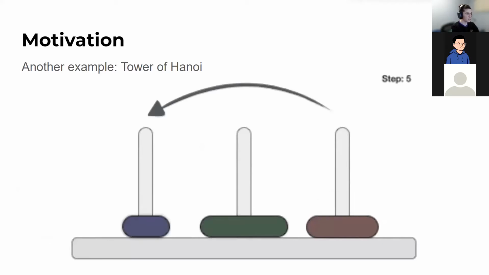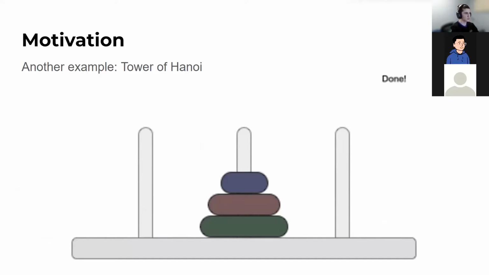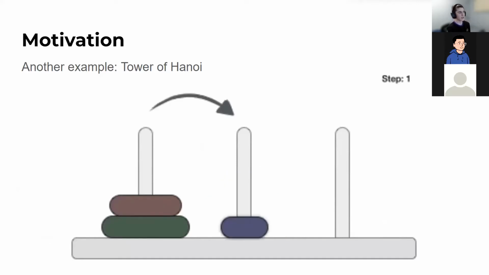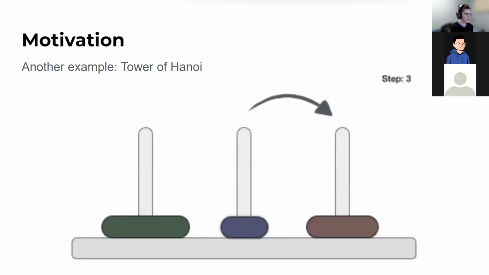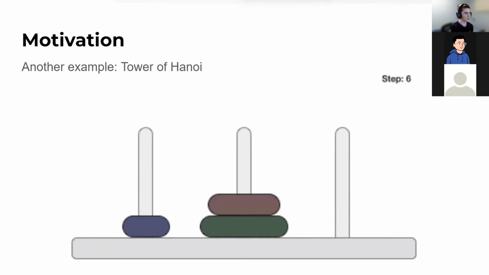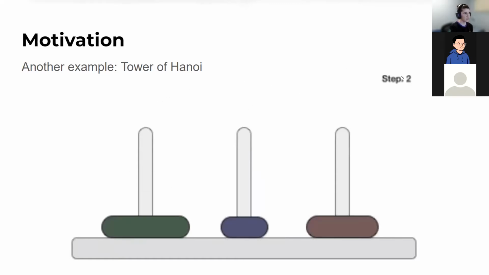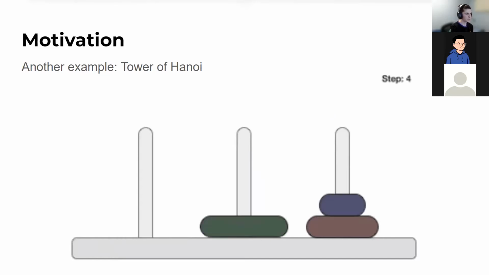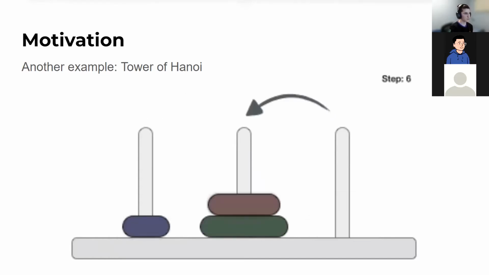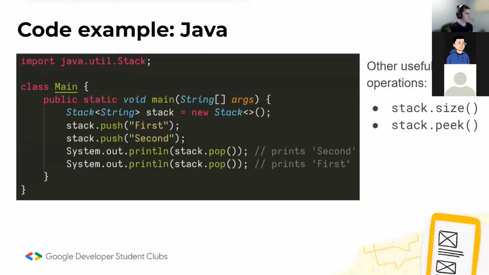To do that, you take the top disc off, put it onto a different peg, and do that in a certain sequence without violating the rule that smaller discs must always be on top of bigger discs. Eventually you can move all of the discs into the correct position on a different peg. You play this game using a stack, right? There are 3 pegs, each of which is its own stack.